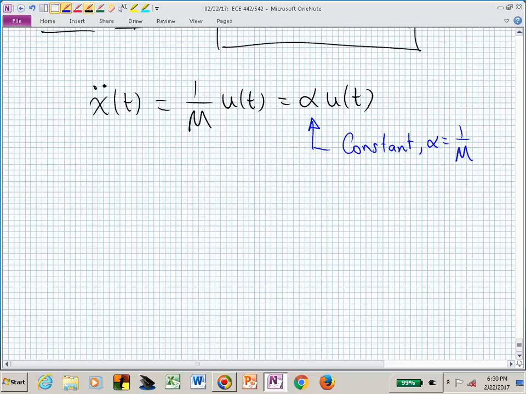What's the transfer function of that? Because that's really what we're after. We're trying to find capital G of S. You now have a second order differential equation. We want to go into the frequency domain, and we want a transfer function. What do we do when we're finding transfer functions? Do we have to worry about initial conditions?